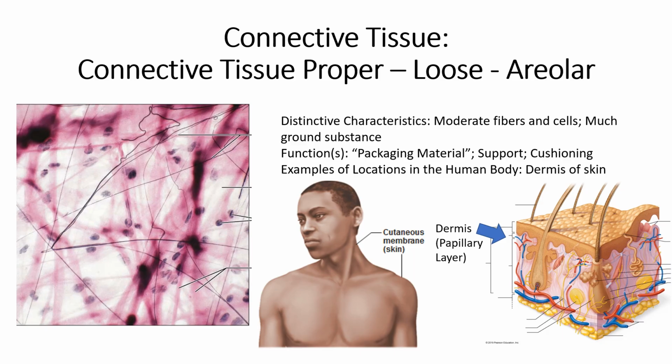One of the subcategories of loose connective tissue proper is areolar. So if you wanted to classify or name this type of tissue in its full name, you would tell me it's connective tissue proper, loose, areolar, right?